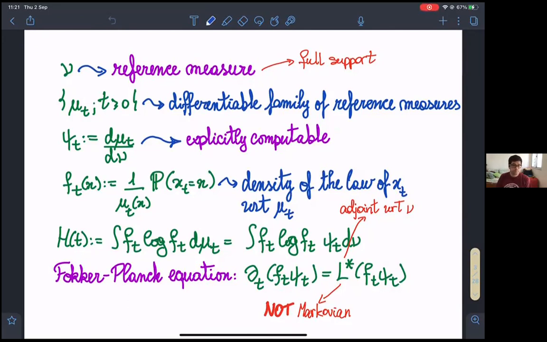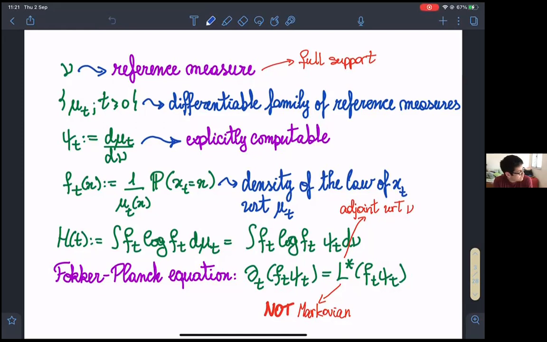And then I'm going to define f_t as the density of the law of the process at time t with respect to the reference measure mu_t. So in particular, f_t times psi_t is the density of the law of the process at time t with respect to the base reference measure nu.